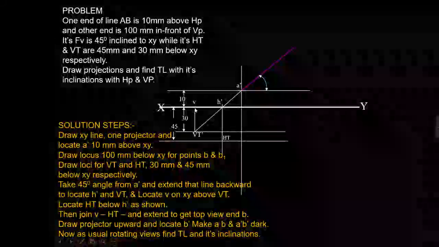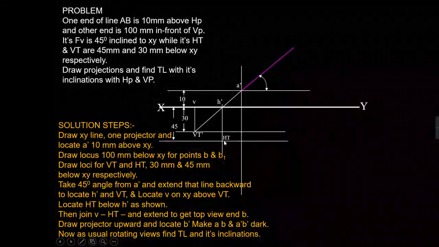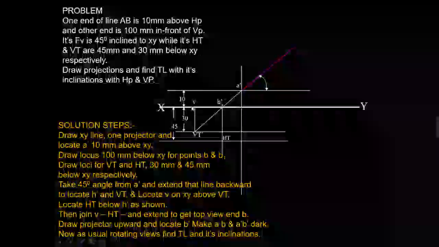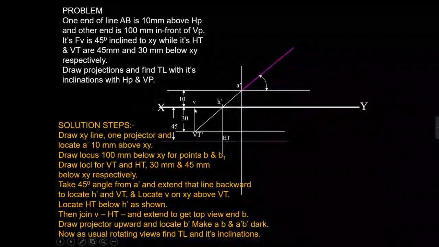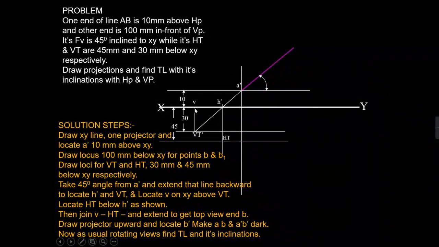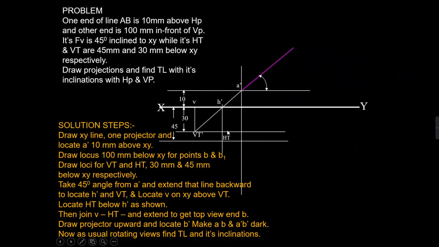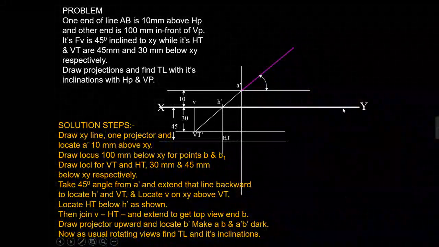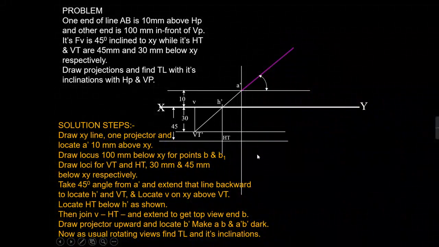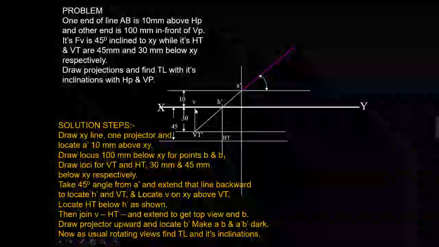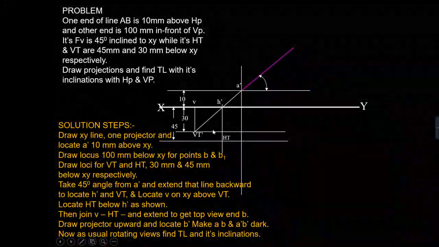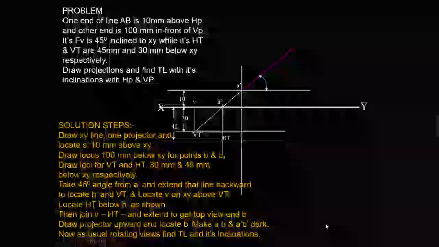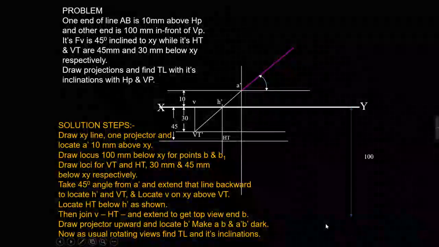As I know the top view, HT and V lie in the same straight line, so I will draw a line joining these 2 points, and I will draw a horizontal line that is 100 mm below the XY line. So wherever the straight line that is joining V and HT cuts that horizontal line, it will give you the position of point B.